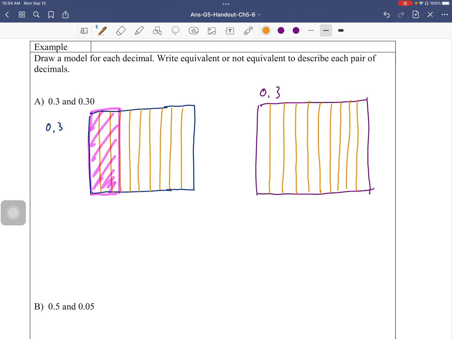And this one is still divided into 10 because this is hundredths. Close. 1, 2, 3, 4, 5, 6, 7.